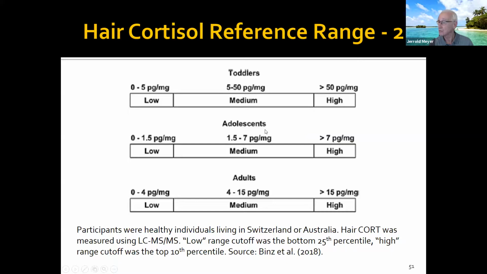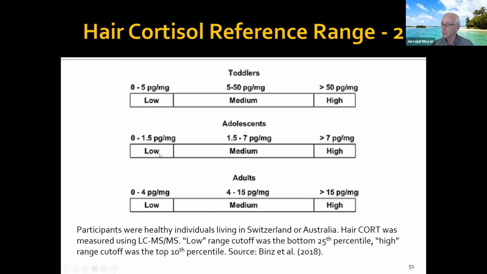Here is the reference range that they reported in that paper. So I mentioned that they have toddlers, they have late childhood and adolescents, and then they have adults. They decided, and it's not clear to me why, it wasn't clear in reading the paper, either I missed it or they didn't explain it, for the low to be the bottom 25th percentile.